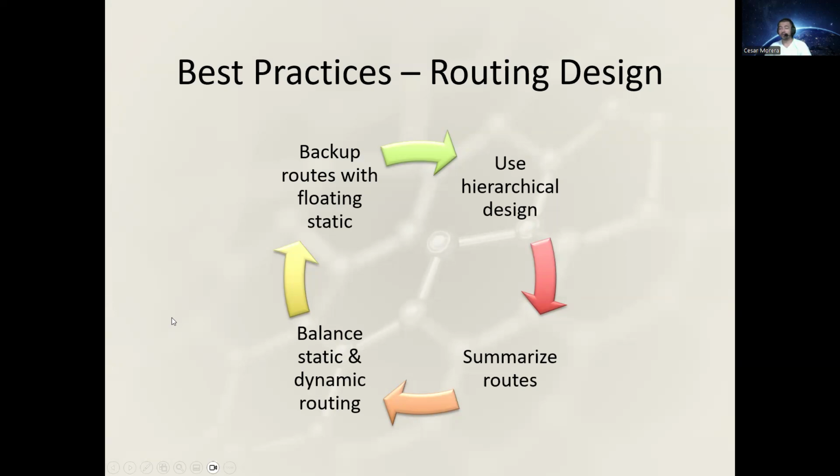Best practices for routing design: back up routes with floating static, use hierarchical design, summarize routes, balance static and dynamic routing. Those are some of the best practices for routing design. Great. Let's continue.